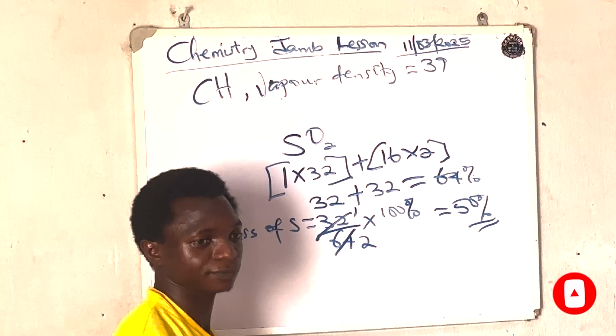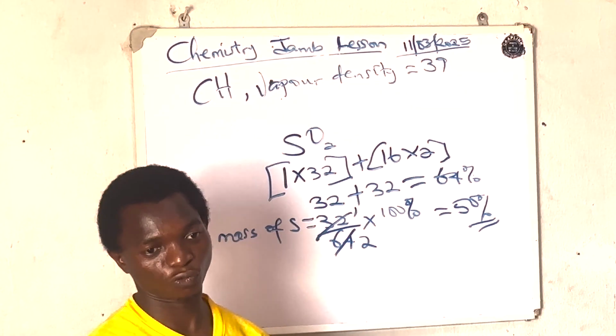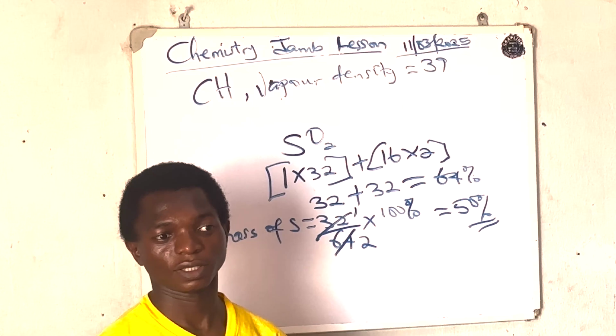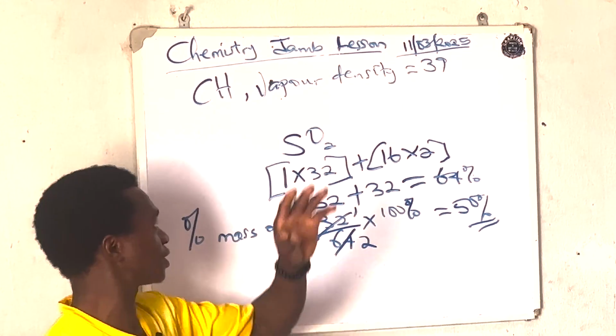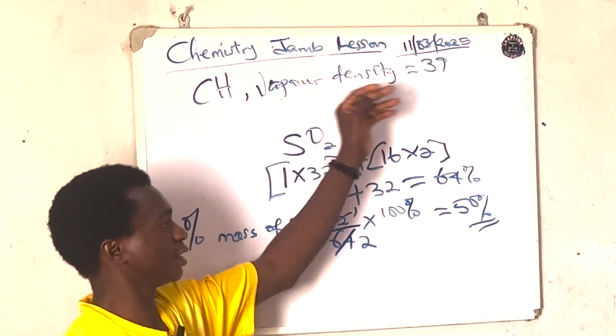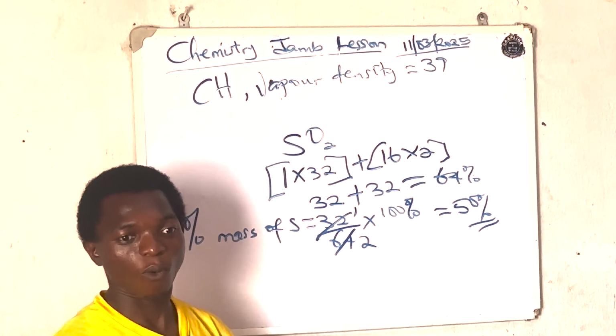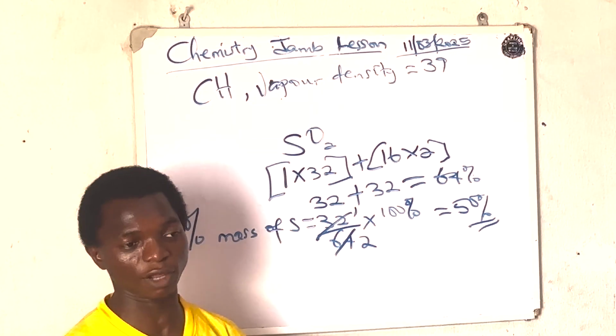So we are asked to find the molecular formula of the compound. If the empirical formula of the compound is given as CH and the vapor density is 39, what will be the molecular formula of such a hydrocarbon?